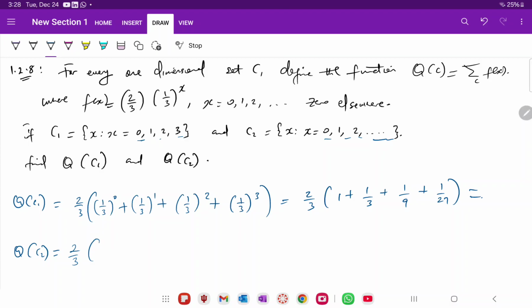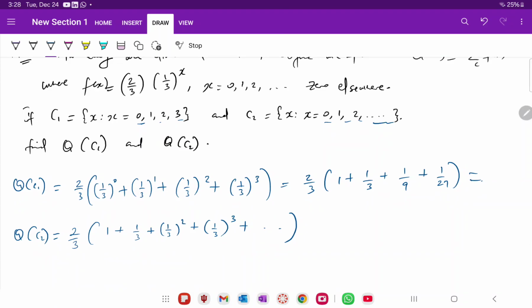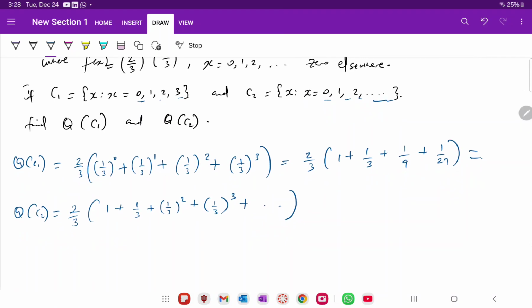Then you have 1, the next we have 1 over 3, the next 1 over 3 squared, 1 over 3 cubed. So here we just make use of the sum to infinity of a geometric series, a over 1 minus r. Your first term here is 1, and the common ratio is 1 over 3.